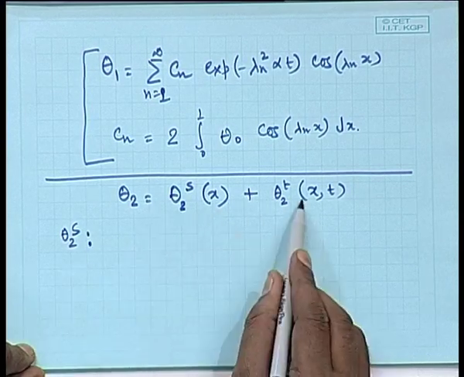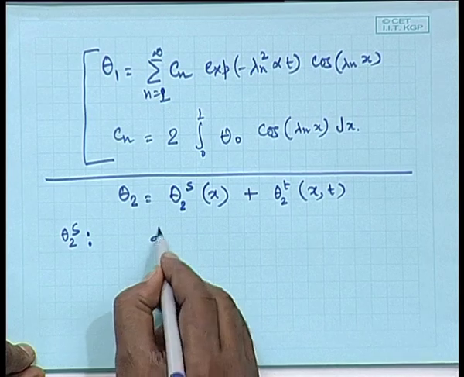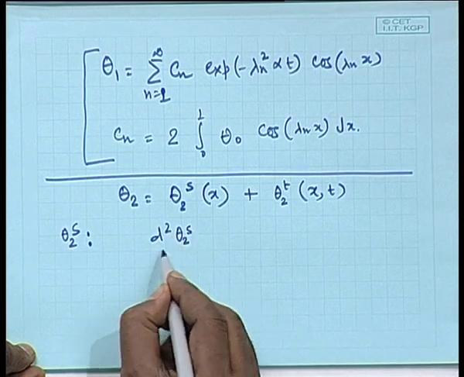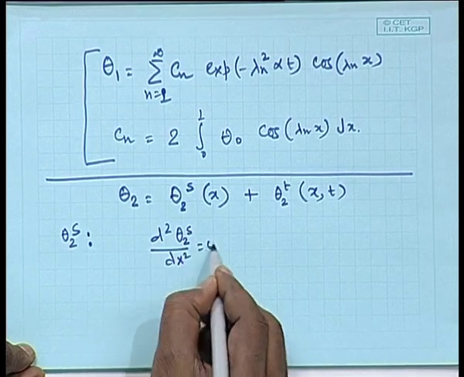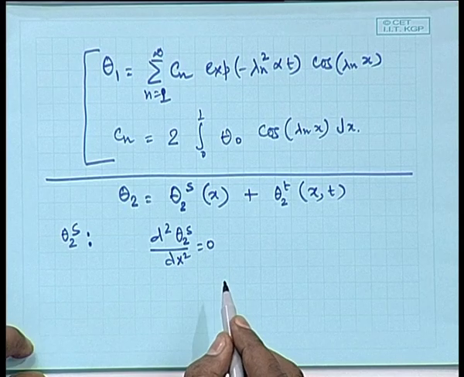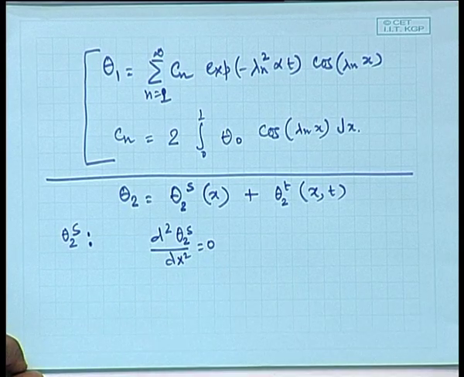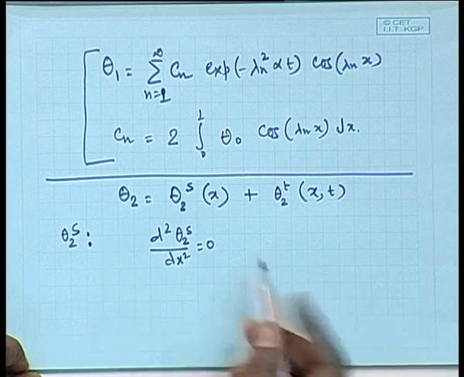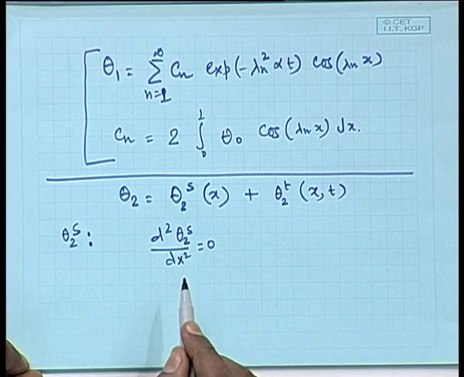Now, you substitute this into your governing equation, you will be getting d square theta 2 s dx square is equal to 0. Suitably, you allow the non-homogeneous boundary condition to go along with theta 2 s. Okay. So, what is that?